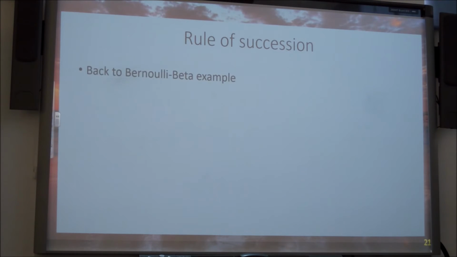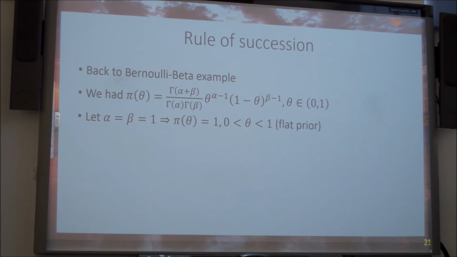So if we go back to the example we did, the Bernoulli beta example, this was our prior distribution, and we're going to put some numbers on this. So I'm going to let alpha and beta be 1, and this means that my prior distribution is 1. So theta to the power of alpha minus 1 will just become theta to the power of 0, which is 1, and then 1 minus theta will be 1 minus theta to the power of 0, which is 1.